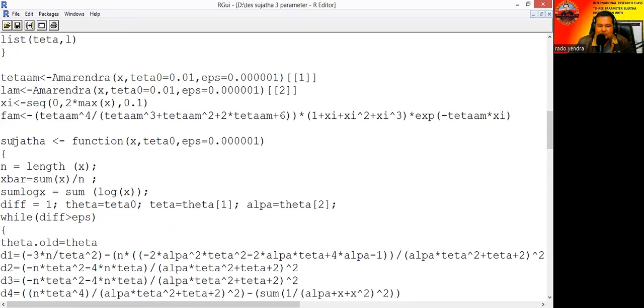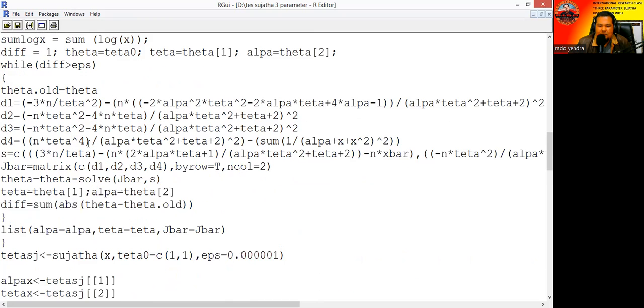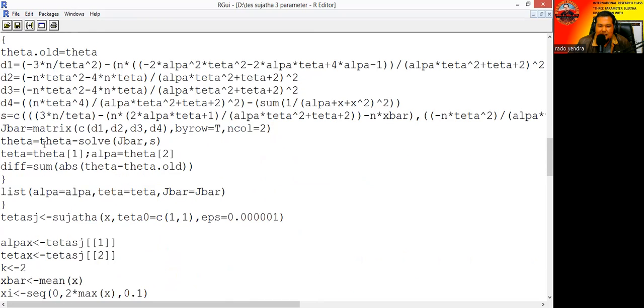And then is the Two-Parameter Sujatha. Remember, we have the Three-Parameter Sujatha, and for this one, the Two-Parameter Sujatha. This is the programming for the Sujatha 2 distribution. We have the theta and alpha. We have the alpha and the theta.